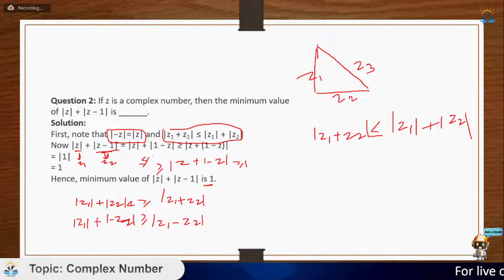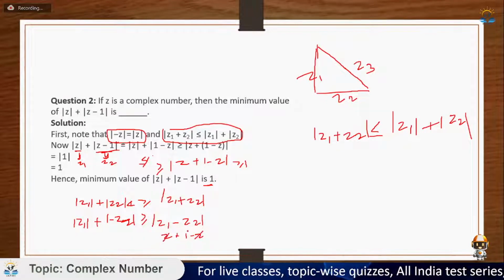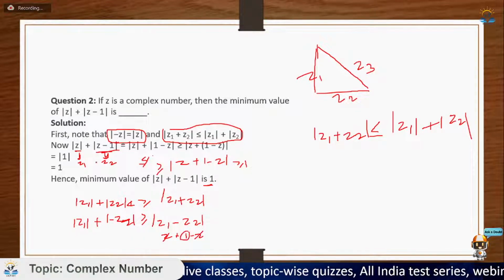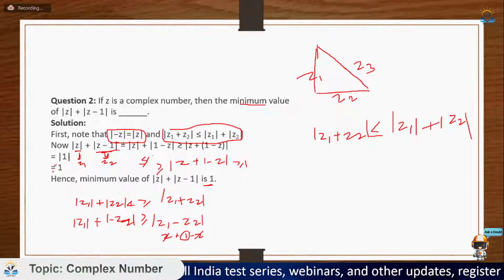So mod of z plus mod of z minus 1, that is mod of 1 minus z, is greater than or equal to z plus negative of z minus 1, which would be 1 minus z. So z and minus z cancel and you will get 1. So mod of z1, that is z, plus mod of minus z2, which is z minus 1 only. Mod of z plus mod of z minus 1 would be greater than or equal to 1. And since the minimum value is being asked, 1 is your final answer.